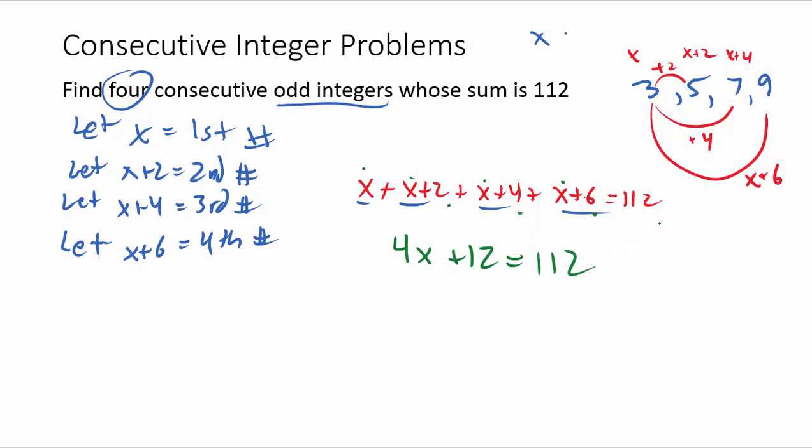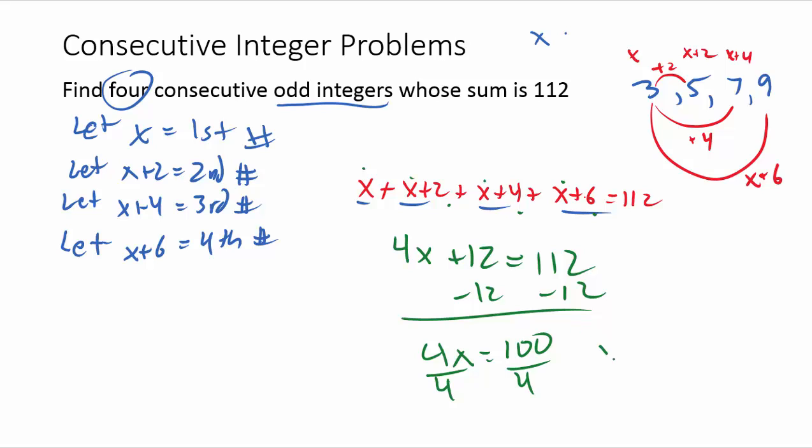Now you can see this really isn't too bad of a two-step equation to solve. I'm going to subtract 12 on both sides. That gives me 4x is equal to 100. And if I divide by 4 on both sides, I'm going to get x is equal to 25.